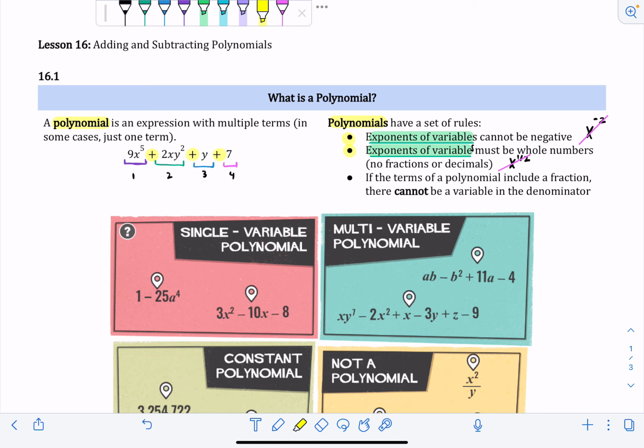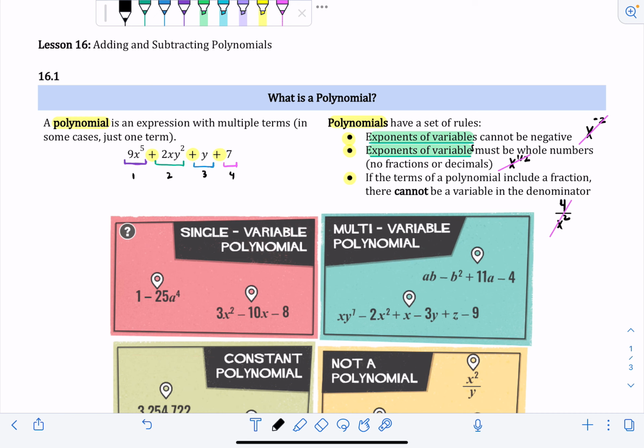Okay, so the third bullet point now: if the terms of a polynomial include a fraction, so if you have a fraction within your polynomial, there can't be a variable in the denominator. So if I had 4 over, say, x squared, I can't have a variable in the denominator, so that would make it not a polynomial.